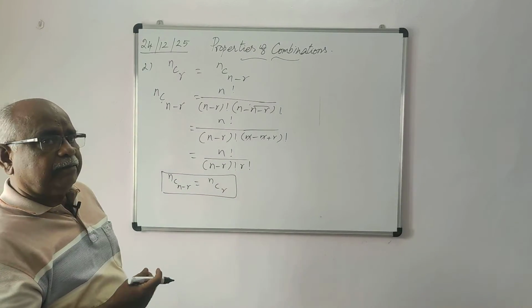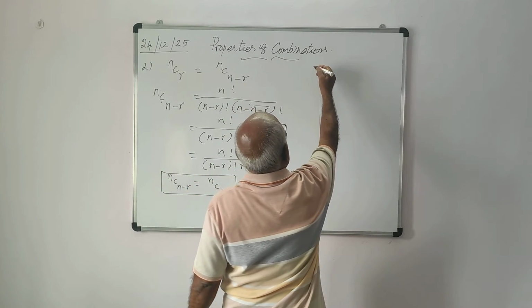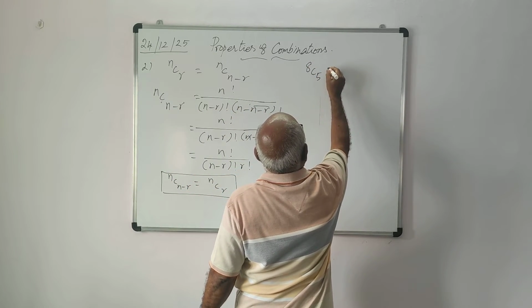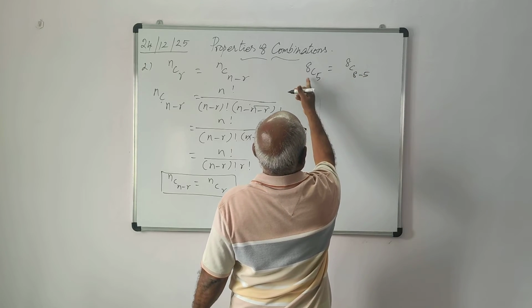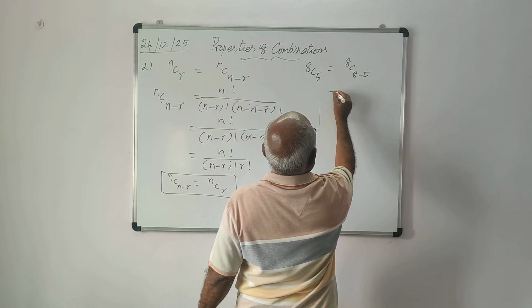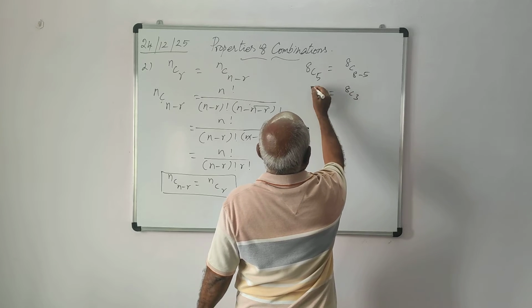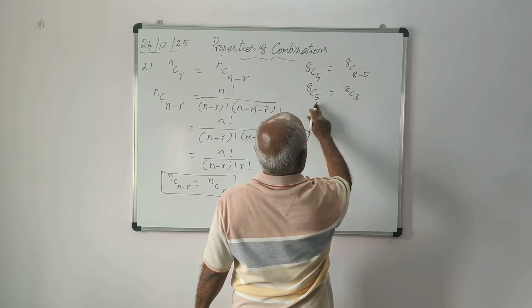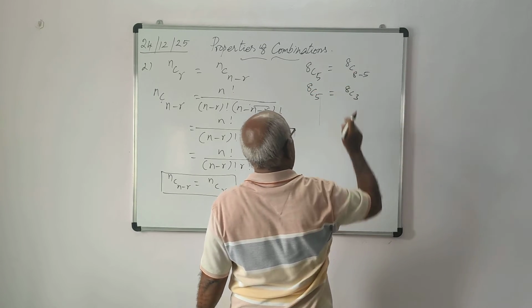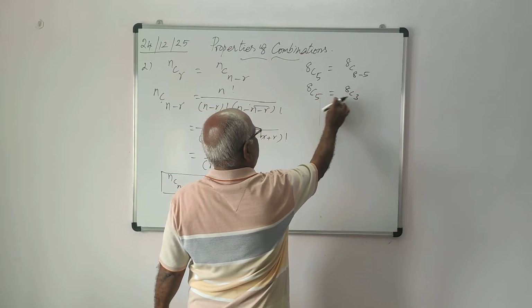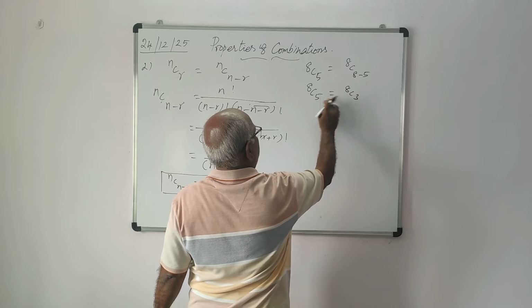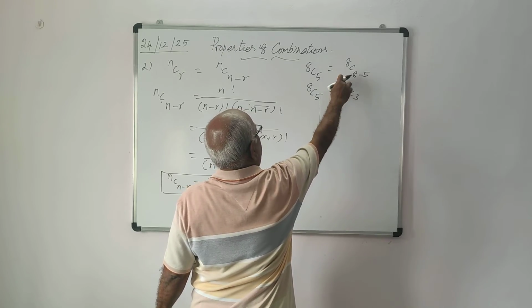It can be used for solving problems. You can find 8C5. It is nothing but 8C(8 minus 5). nCr equal to nC(n minus r). That is 8C3. 8C5 equal to 8C3. 5 plus 3, 8, you know. If you add these r terms, 5 plus 3, you will get n.